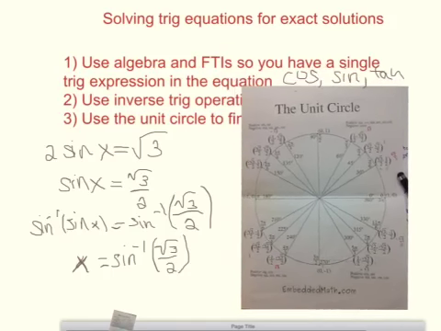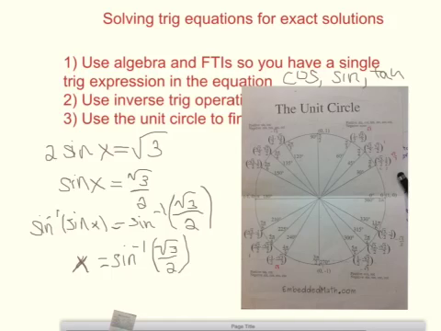I know cosine is my x values and sine is my y. So the first time I run into square root of 3 over 2 is right here at pi over 3. So keep going around. Oh, look, here's another one at 2 pi over 3. That's good. And the others, those are all negative. Those are the only two.